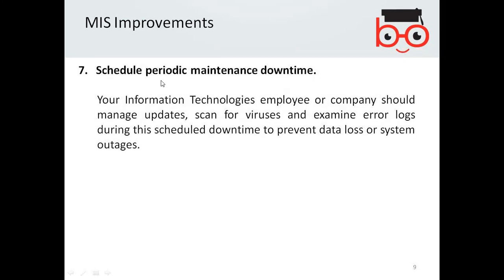Schedule periodic maintenance downtime. Your information technology employee or company should manage updates, scan for viruses, and examine error logs during this scheduled downtime to prevent data loss or system outages. If you have a scheduled maintenance downtime, for example, when the system is down for maintenance, it will help you update the system.